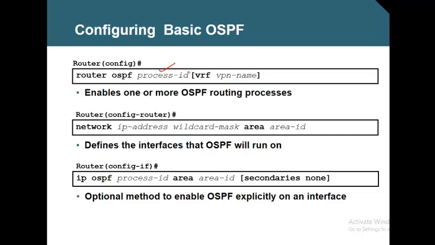It's virtual routing and forwarding, which is a virtual router inside the physical router. The physical router needs one OSPF. The virtual router needs another OSPF. So you need two OSPF. How do you differentiate this OSPF and that OSPF? With the help of process ID.